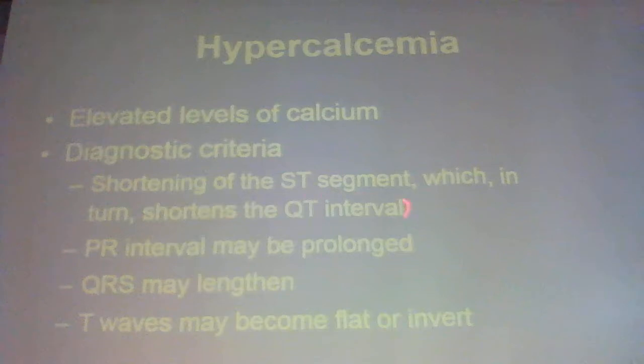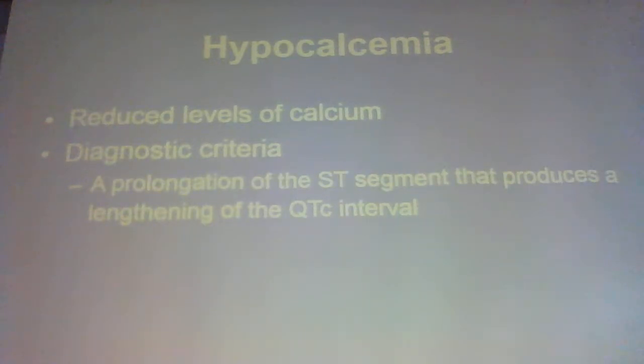I think that by definition, this is below 350 milliseconds. Is too short. QRS might get wider, and T waves may invert or flatten. Hypocalcemia, ST segment gets very long, and that produces a long corrected QT interval.